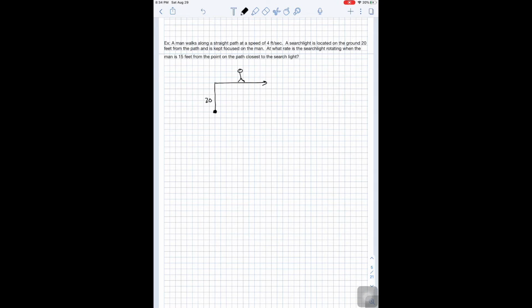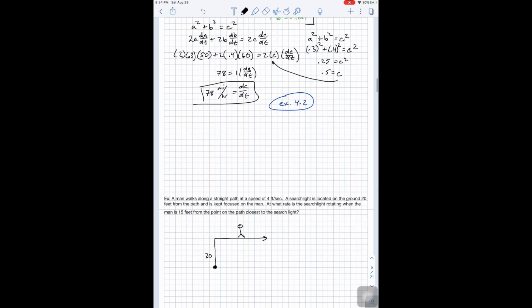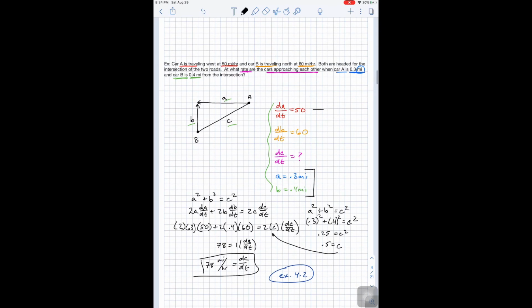So everything else up until now, the distances, like let's go back up here. This says that they want to know at what rate are the cars approaching when car A is 0.3. Car A is not always 0.3 miles. Car A is moving along this line. And so that's why you can't plug that value in for A right away, because it's constantly changing.